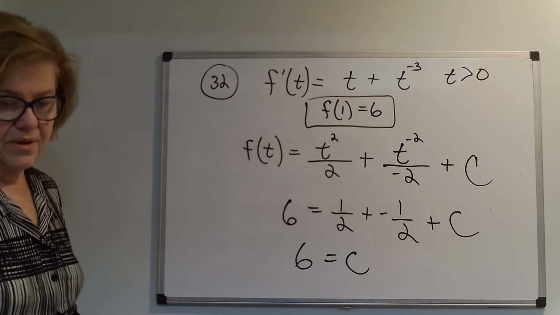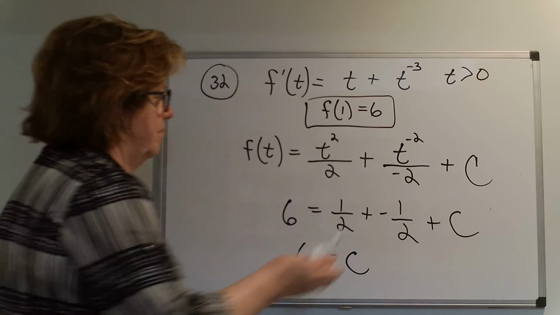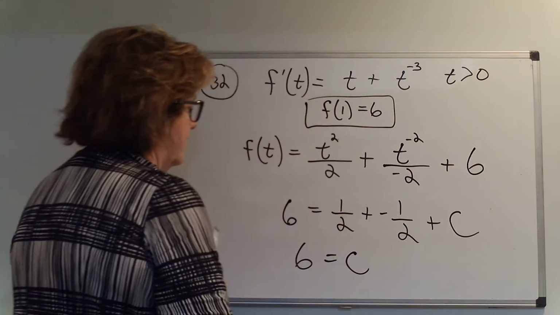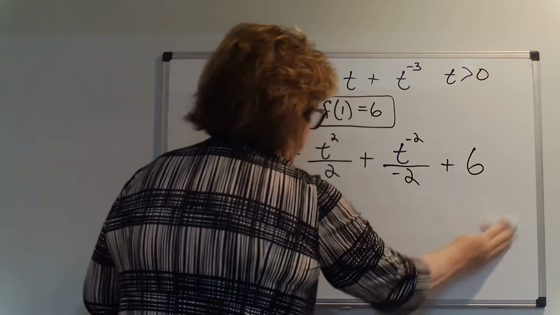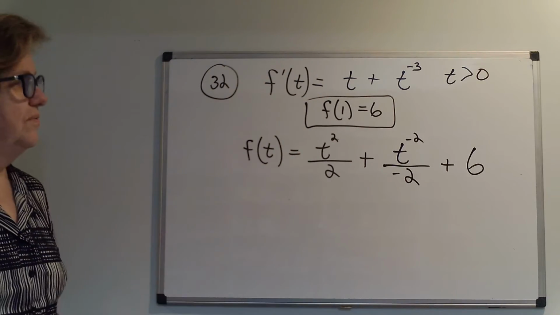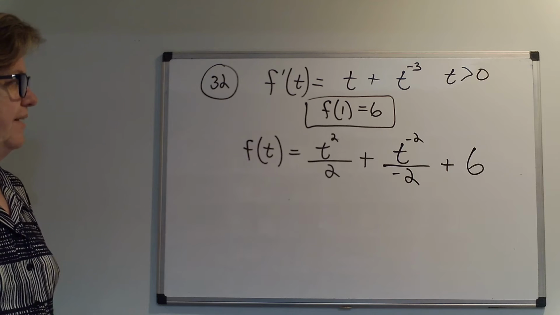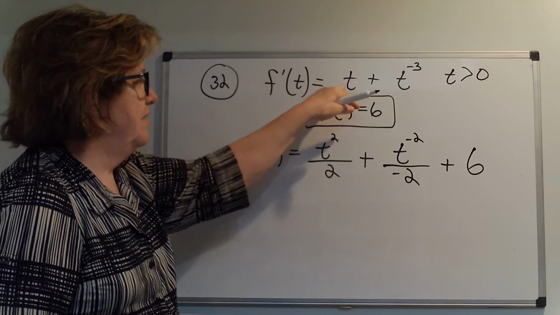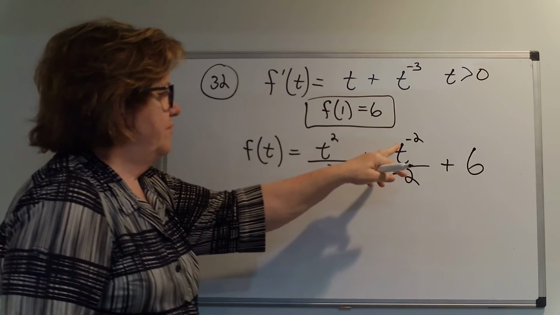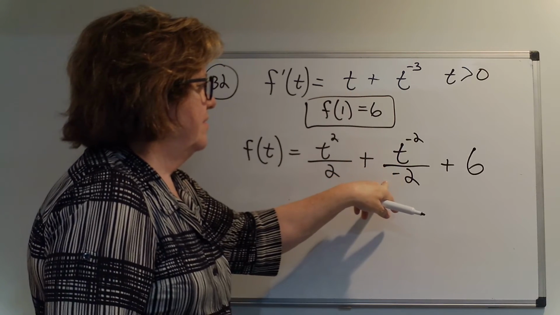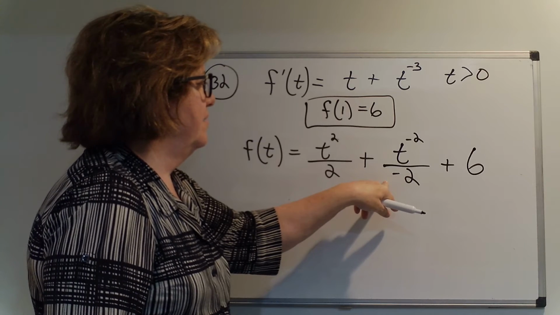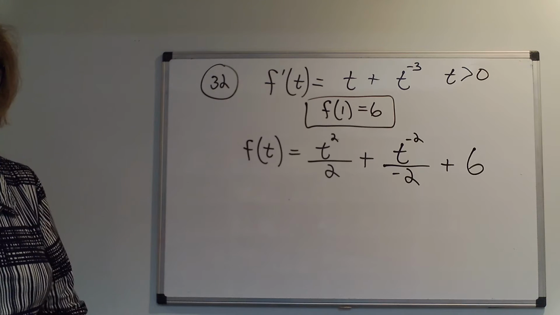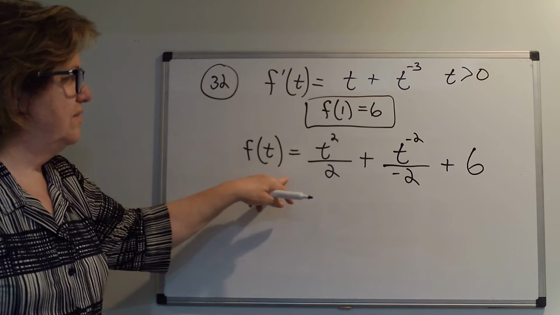So now I know that my final answer is that. That's the original function. Check it. 2 times t over 2 will give me t. Negative 2 times t to the negative 3 over negative 2 will give me t to the negative 3. The derivative of 6 is 0, so this is indeed the derivative of this.